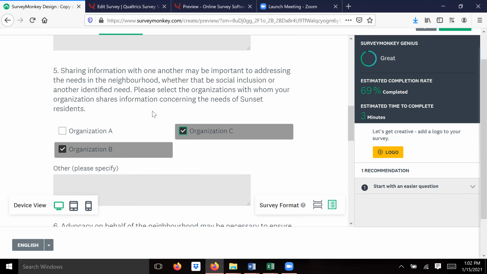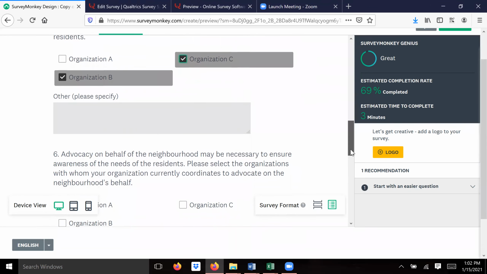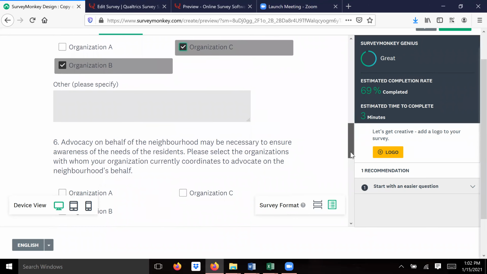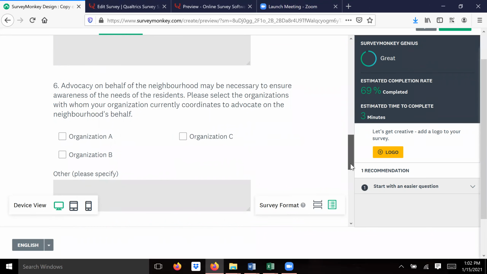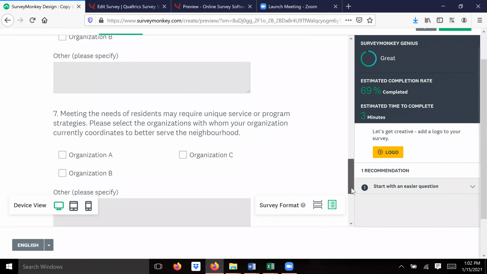My list here is very short because it's for illustration purposes, but normally your list would be quite a bit longer and would specify each of the actors. This information sharing question is then repeated for each of the types of activity ties. In this case, advocacy, and then service or coordination.